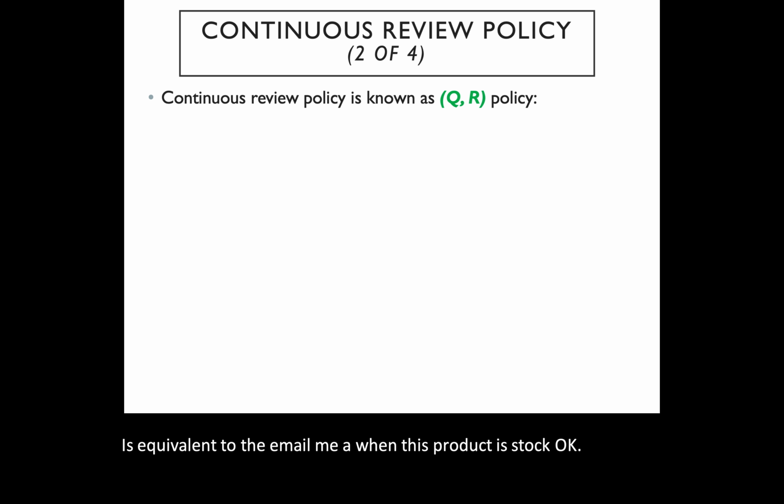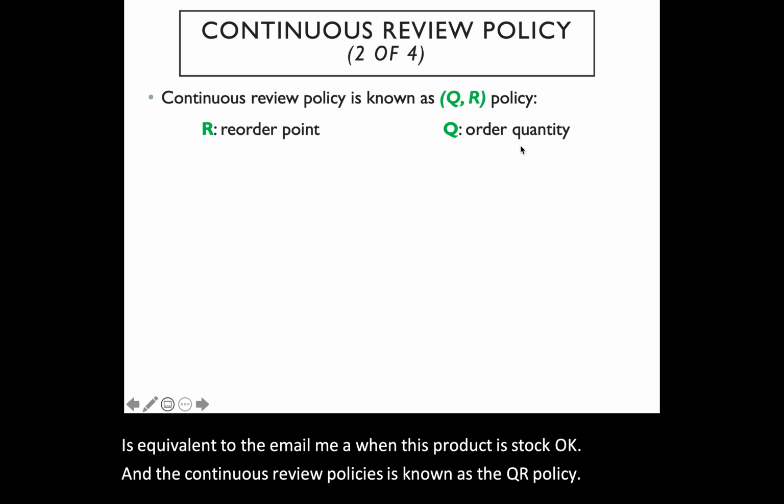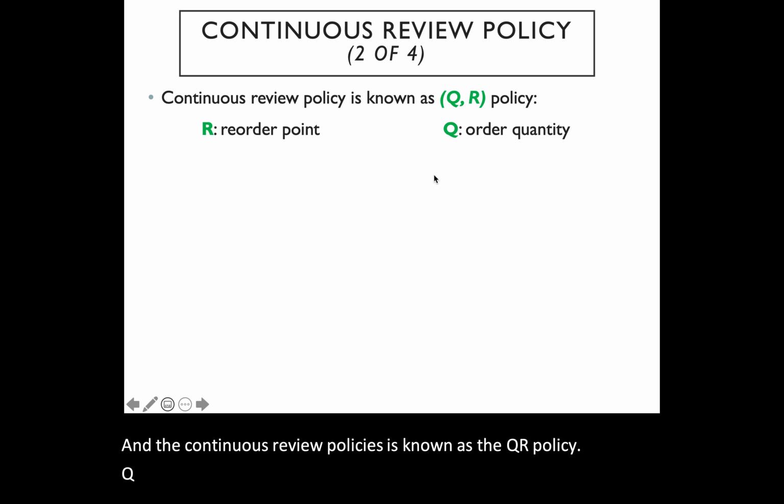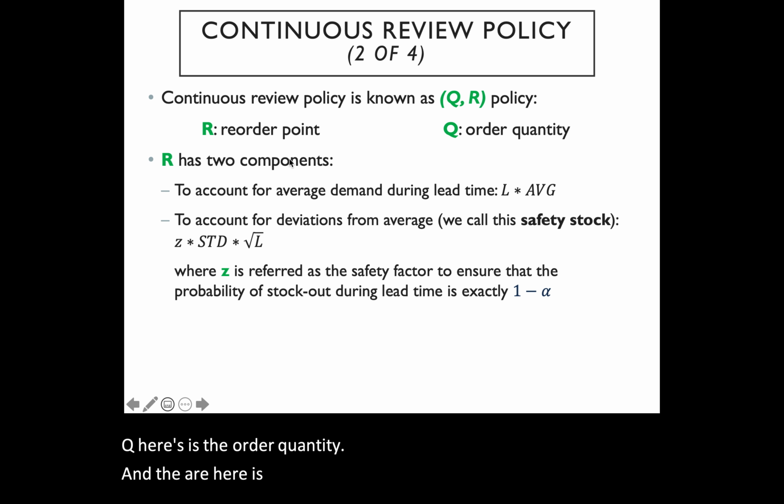And the continuous review policy is known as the QR policy. Q here is the order quantity, and the R here is the reorder point. Okay, so the R here, the reorder point, will have two components.